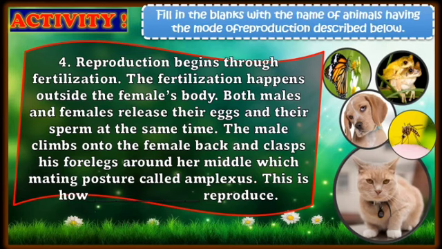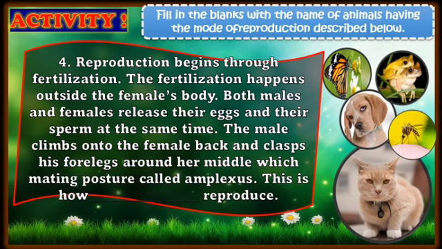Reproduction begins through fertilization. The fertilization happens outside the female's body. Both males and females release their eggs and their sperm at the same time. The male climbs onto the female's back and clasps his forelegs around her middle, a mating posture called amplexus. This is how blank reproduce.